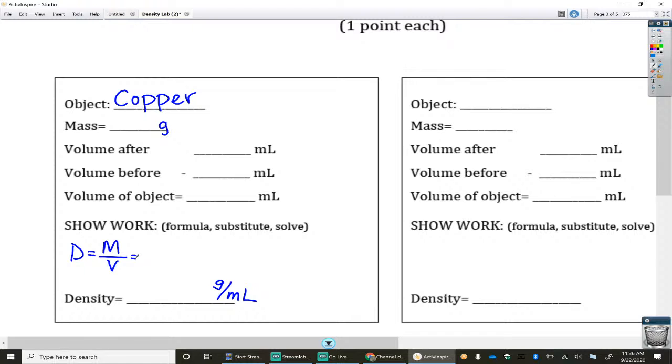So I'm going to back it up to the 60. So our first number is 6. And then we have 9. Okay, so 69.7. Okay, that's our mass.